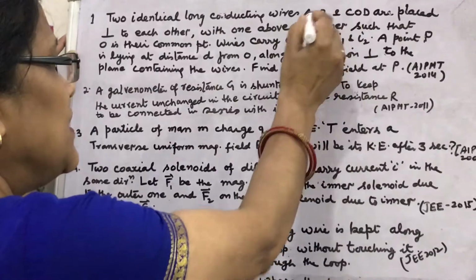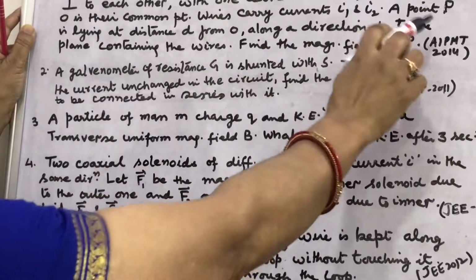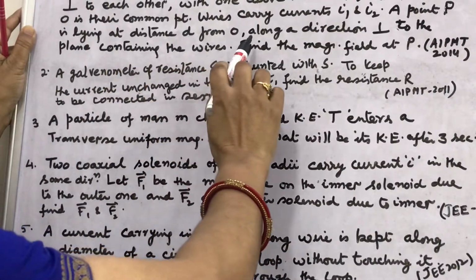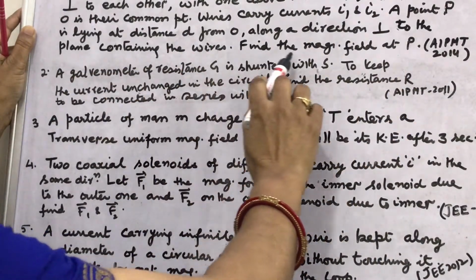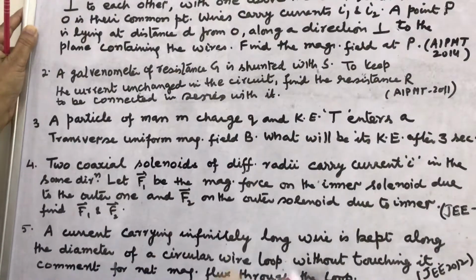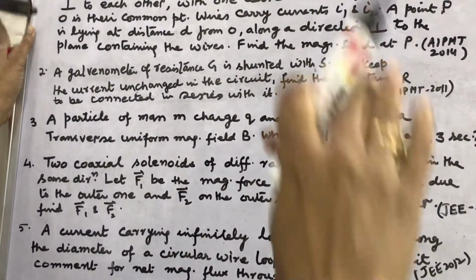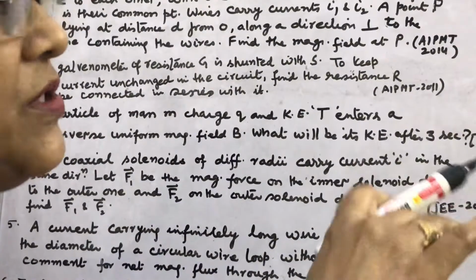AOB and COD carry currents I1 and I2. Point P is lying at distance d from O along a direction perpendicular to the plane containing the wires. Find the magnetic field at P. Where is P? In the axis which is perpendicular to the plane of both the wires.